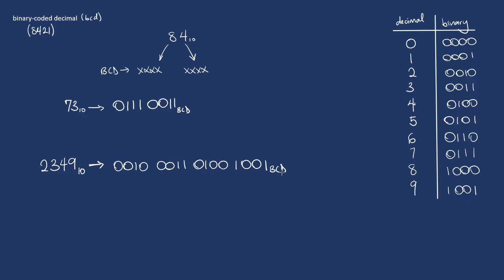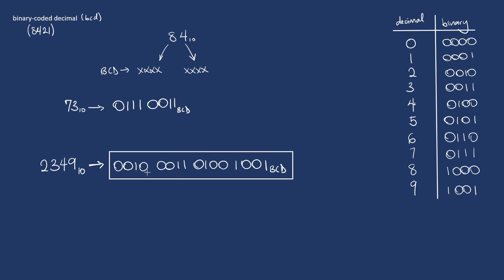And this is in BCD. So BCD is binary coded decimal. It's a binary code, meaning that it's not the same as the binary equivalent, because the binary equivalent for this would be a really long number. But with this, you're able to tell easily what the number is in decimal. So that's one of the advantages of BCD.